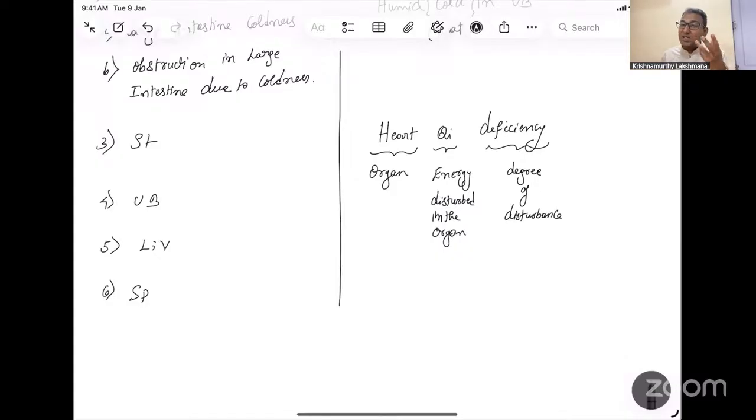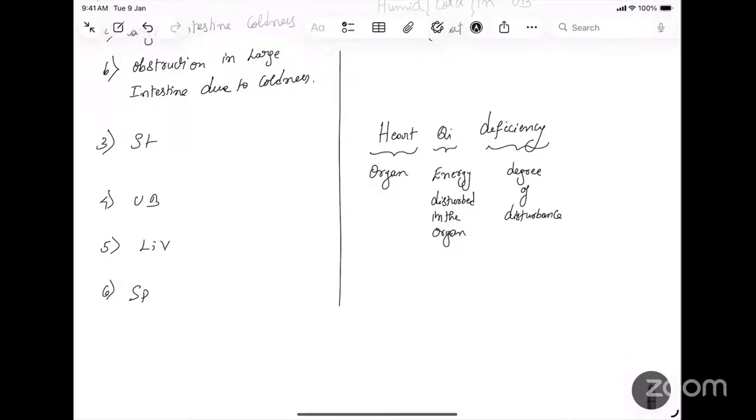Is it deficiency? Is it sinking? Is it collapse? Is it excess? Is it blazing? If it is deficient, how deficient? Is it only deficient or is it sinking or is it collapsing? All of those are degrees of disturbance.